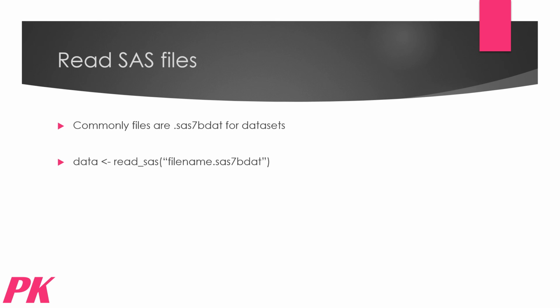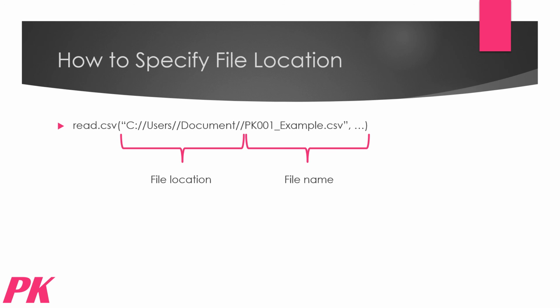SAS files are also simple to import with the read_sas function. Typically, SAS datasets have a .sas7bdat extension. To specify the file location, we need to check the location and copy and paste it here.